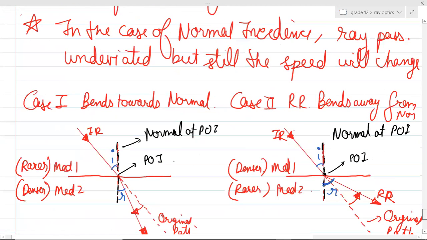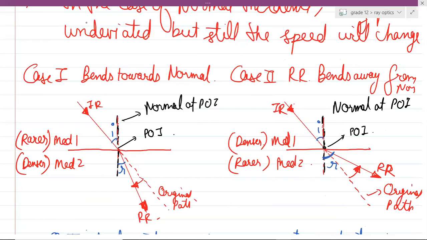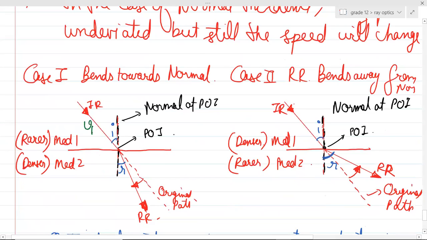Suppose in the first case, the velocity of light here is v1 and the velocity of light here is v2. Similarly, here it is v1 and here it is v2. Can anyone tell me what will be less and what will be greater? What will be the relation between the velocities? Here it is going from rarer to denser, and here from denser to rarer.